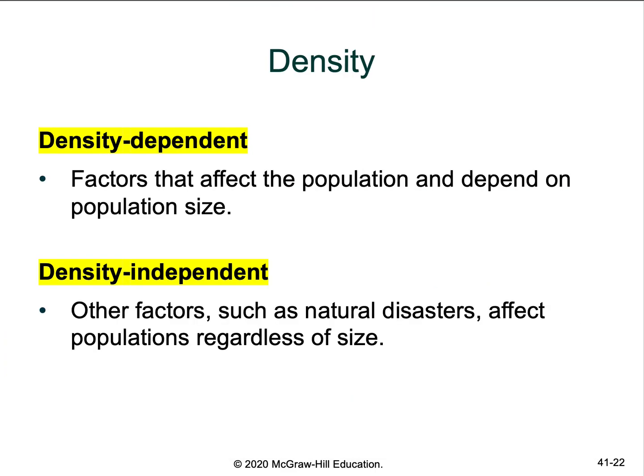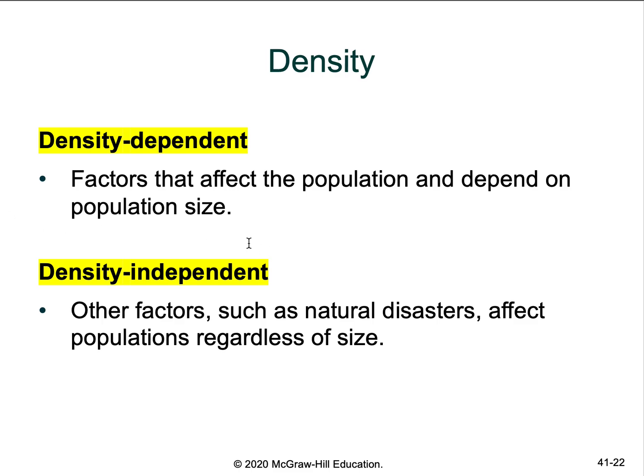Some things that can influence a population we call either density dependent or independent. Let's start with independent because that one might be easier. Factors that are density independent are things like natural disasters, like a fire, a flood, volcanoes, even drought.